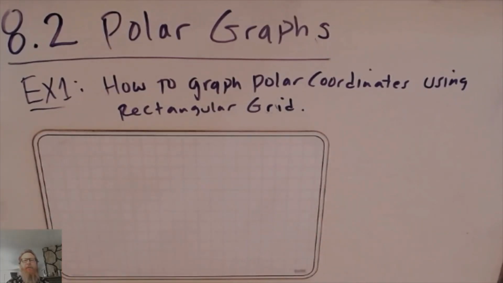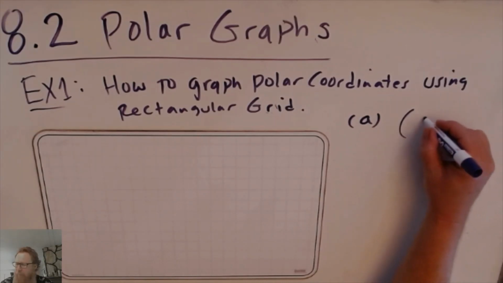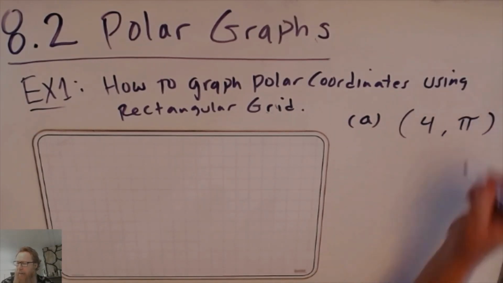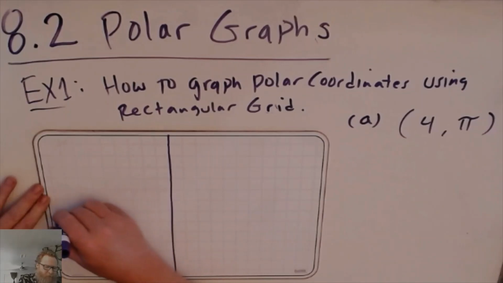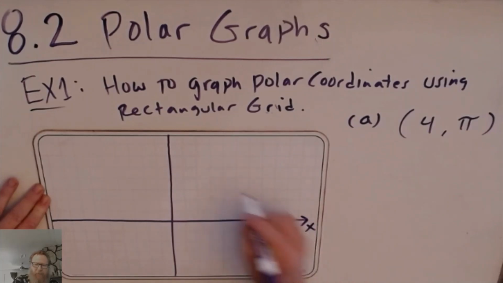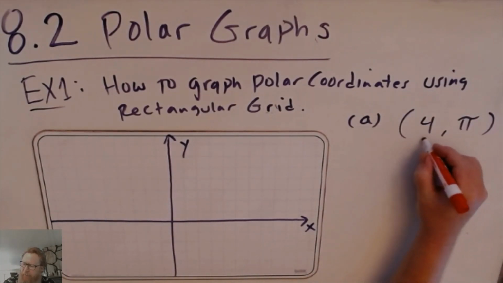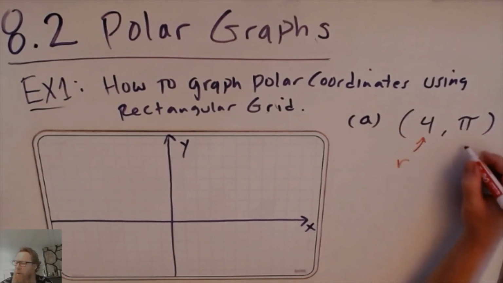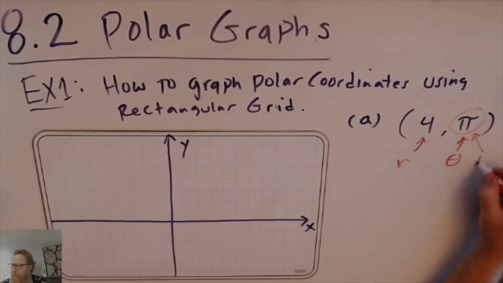So I'll do a few examples here. Let's start with, how about the polar coordinate 4 and pi. So we have a rectangular grid here. And so we have the radius is 4, the angle theta is pi. Remember pi is the same as 180 degrees.